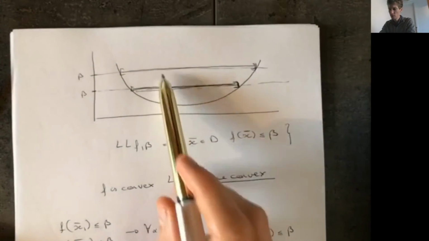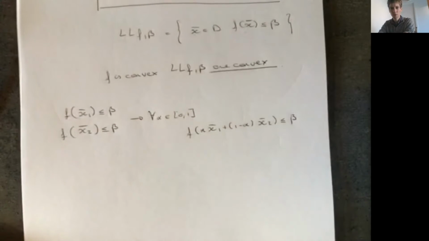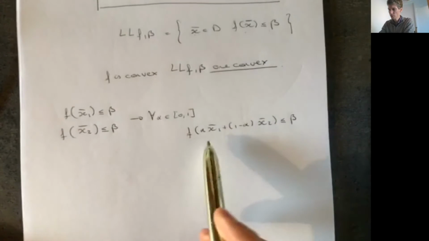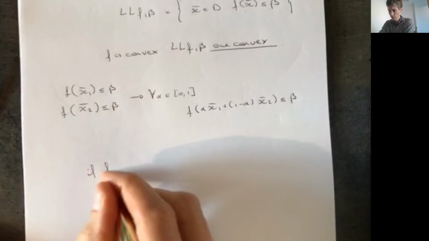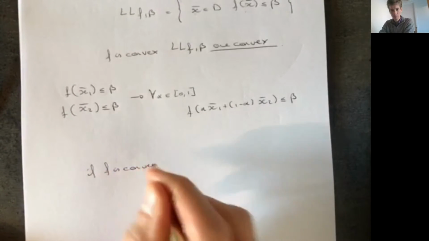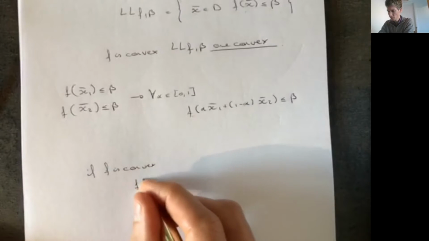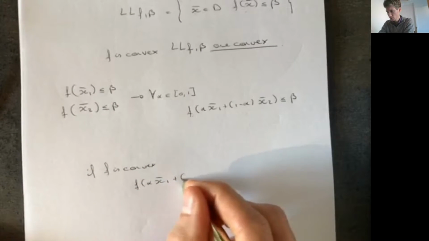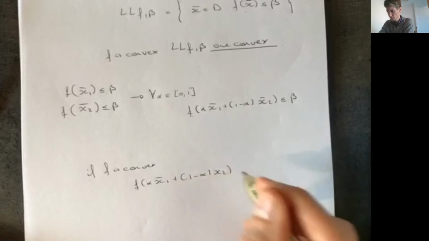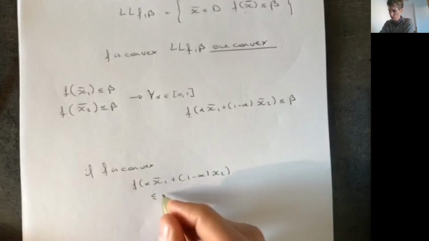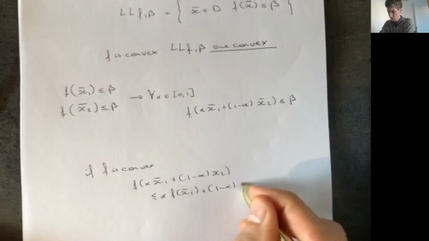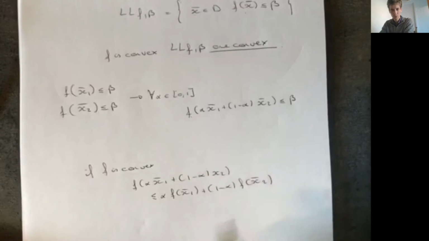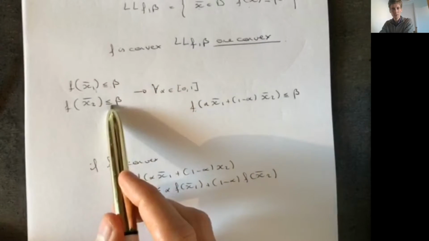Okay, and here I have hinted already that convex functions satisfy this definition. Okay, so why would convex functions satisfy this definition? Well, if f is convex, what do we know? Well, we know that f of alpha x1 plus 1 minus alpha x2 is lower or equal to alpha f of x1 plus 1 minus alpha f of x2, and both are smaller or equal to beta, right?